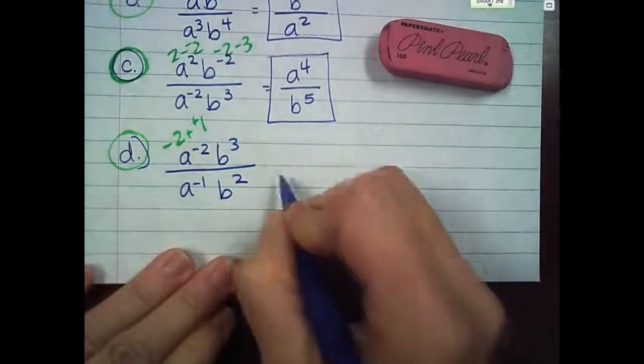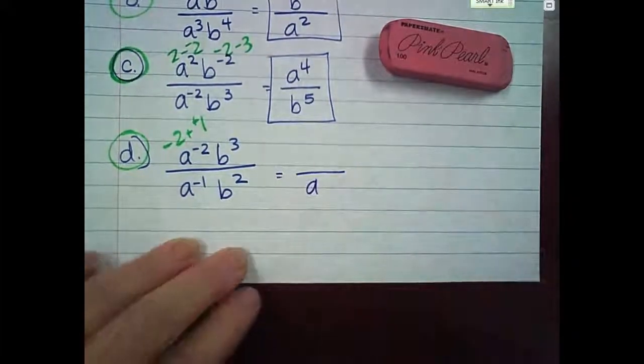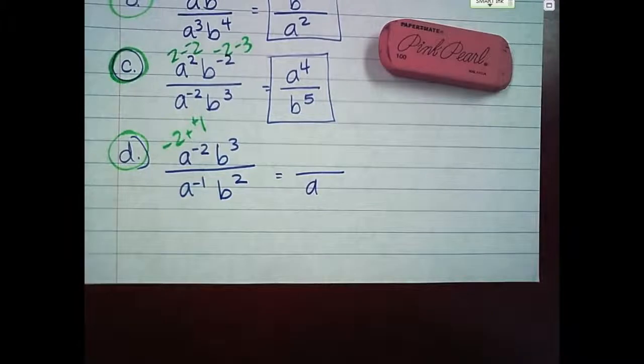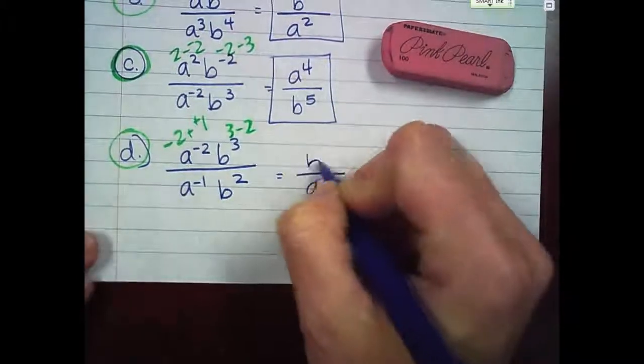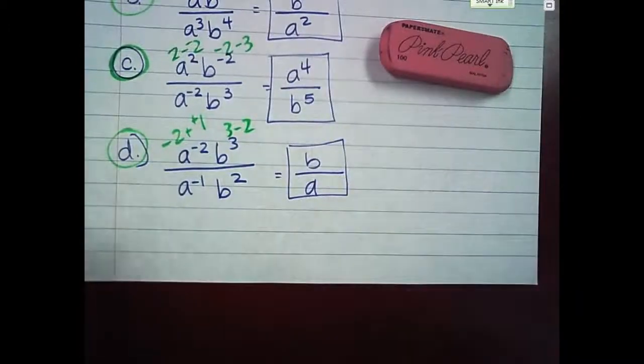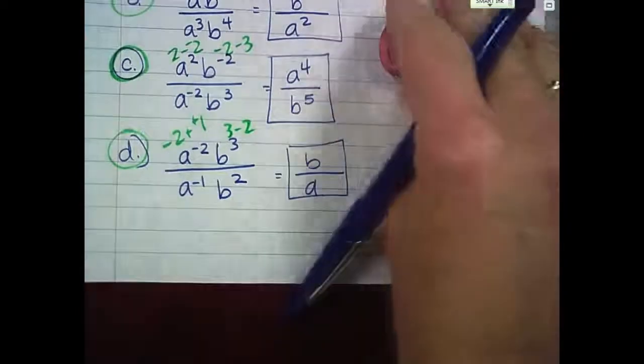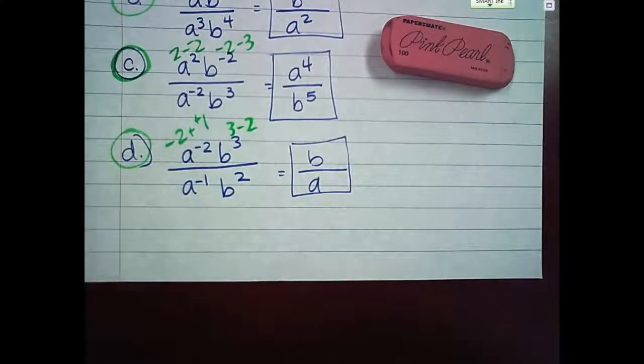In the bottom. And then 3 minus 2 is b in the top. Okay? All right, so those are all your properties. Same properties you've always had.